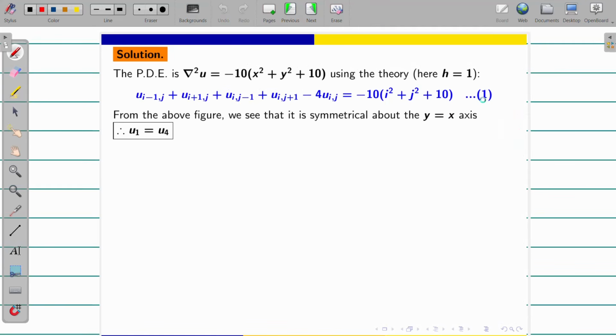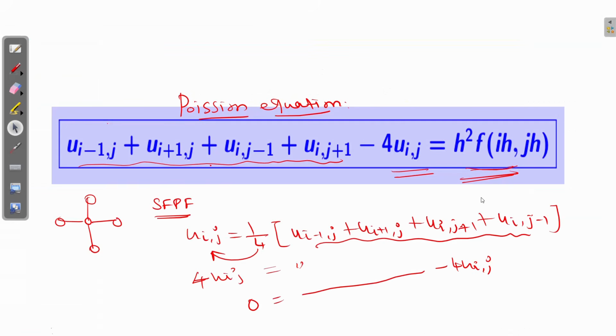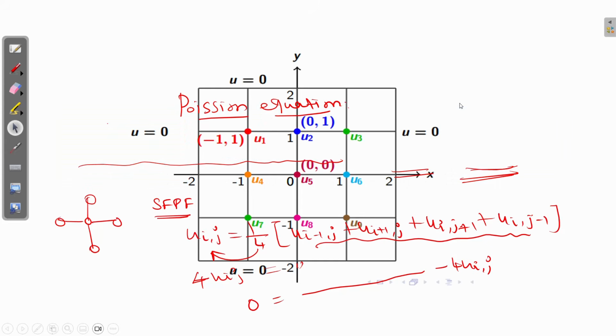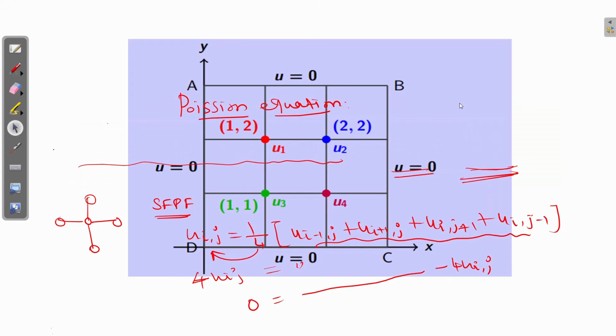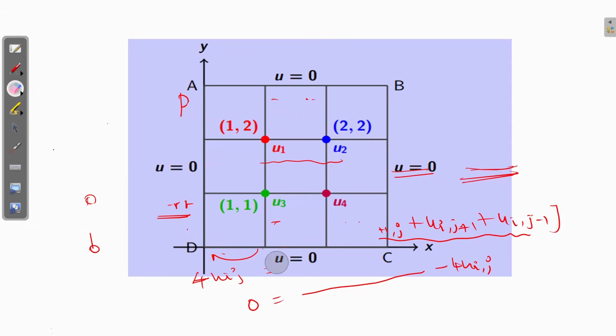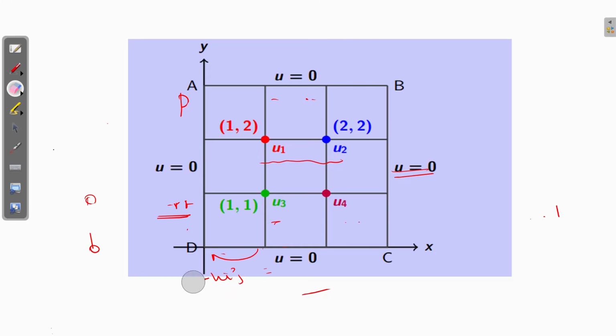That's it. Now, I already explained the concept. From the above figure, we see that it is symmetrical about the y equal to x axis. Am I right? Yes or not? Look at this diagram.